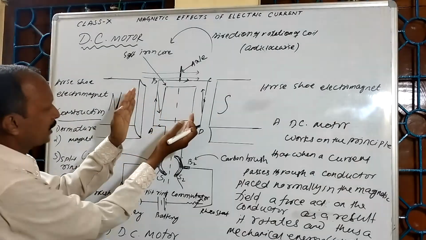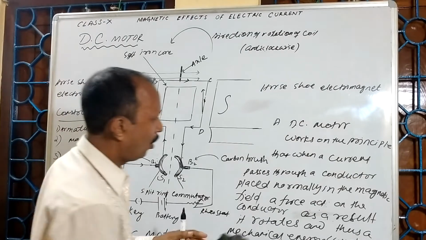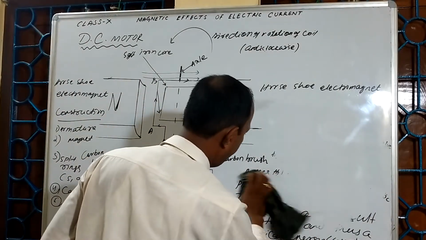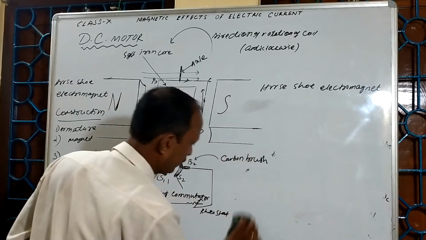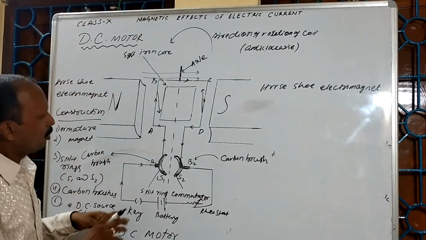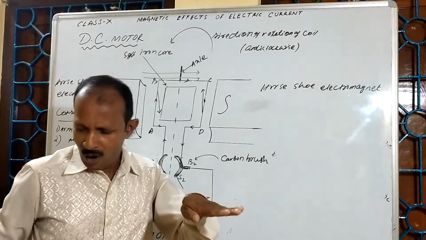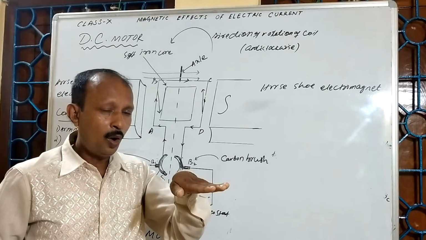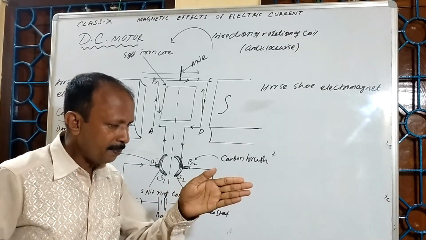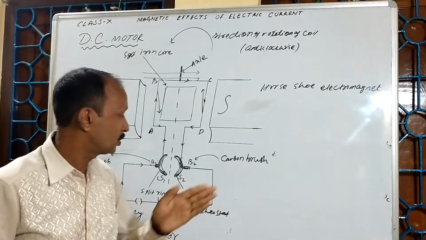Now the coil starts to rotate anti-clockwise. What happens in the beginning? Now it is in horizontal position. So when it starts rotating, after 90 degrees it will come to the vertical position.